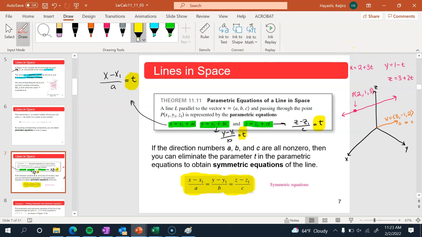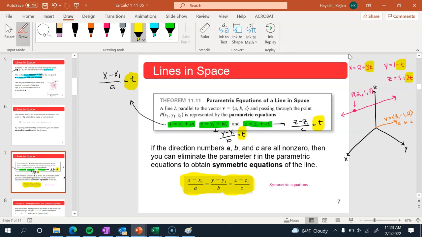Now, the important thing is the ratio of these numbers to each other, the 3 to the -1 to the 2. Because there are other vectors that have the same direction. The direction vector could have just as easily been 6, -2, 4, or 9, -3, 6.